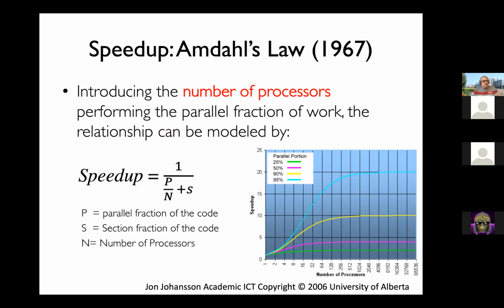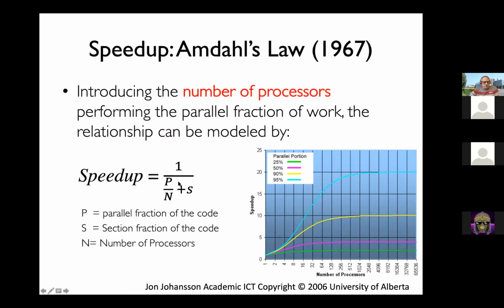If you have 2 processors, we give them half a terabyte each. If you have 4, we have a quarter of a terabyte for each. If you have 100 processors, it's even smaller. So the amount of computing given to each processor is going to be smaller and smaller, and this will also prevent the speed up.